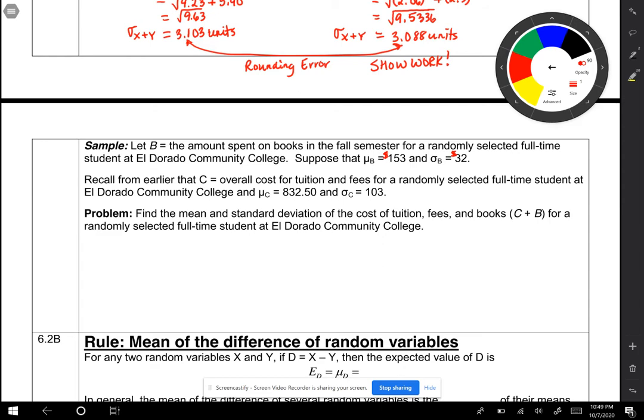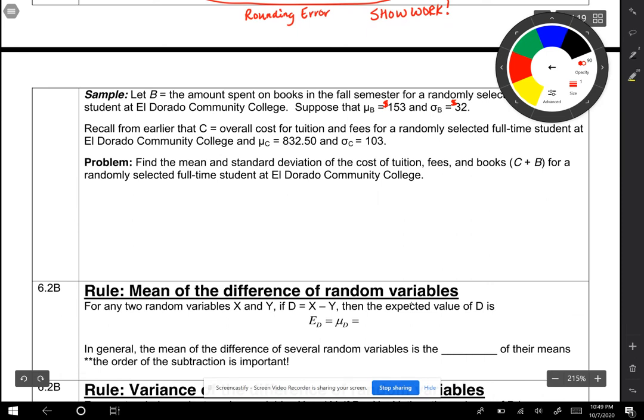The mean of the total cost is equal to the mean of C plus the mean of B. So 832.50 plus 153. And so that is $985.50.